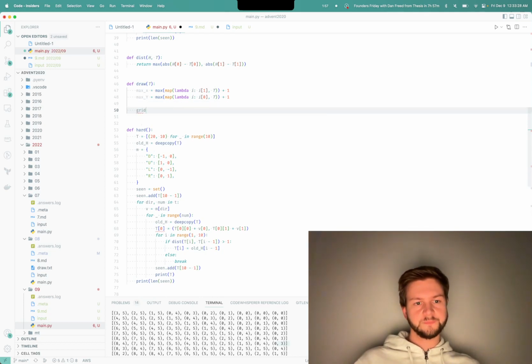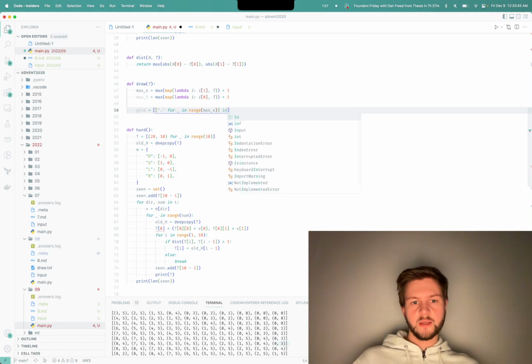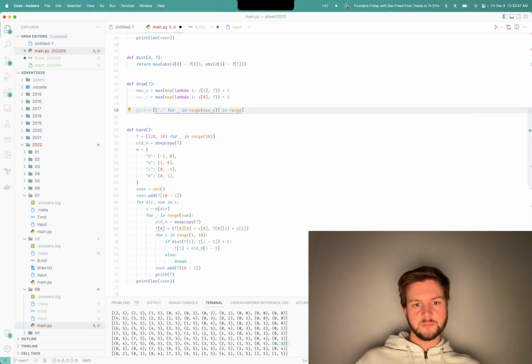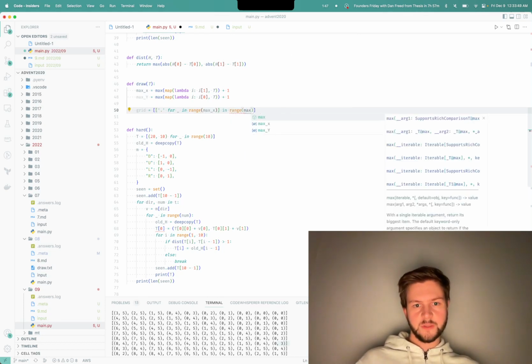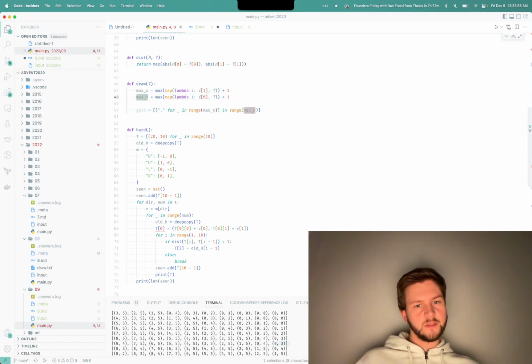So we got the grid, which is an array of arrays where we got the dot or underscore in x in range y. I guess turn this into an uppercase. Didn't mean to.